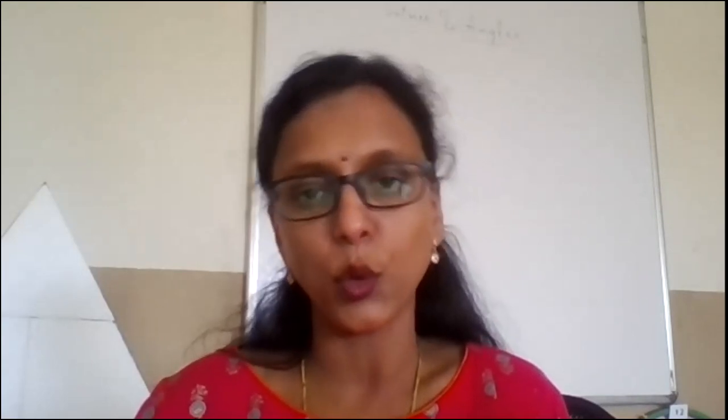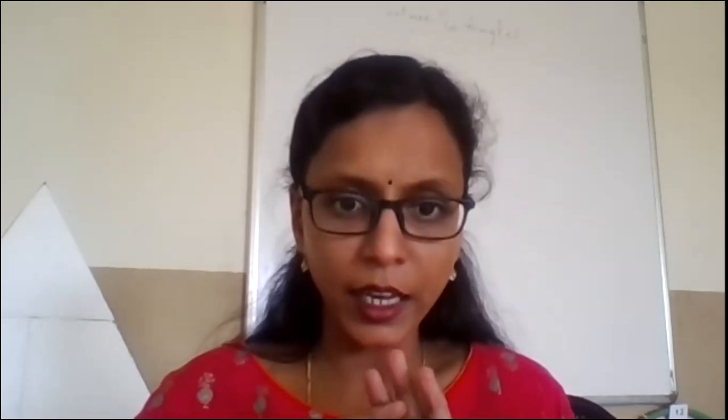Okay, so in the previous class we had started the topic articles and I hope that you all remember what we have learned in that. Let us once revise and recall what we have learned. Okay, so we have understood that in English there are three articles, a, an, the, right?